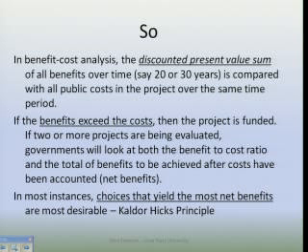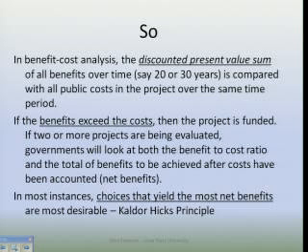But if you have 2 competing programs and both look desirable, then the rule is the program that's producing the most net benefits. Net benefits are what's left over after all of the costs have been accounted. The one that's producing the most net benefits is most desirable to society. And we also have to take into account the time frame that we're dealing with.